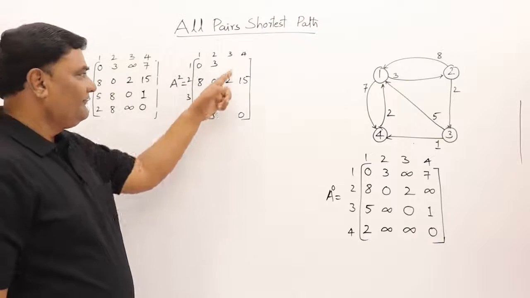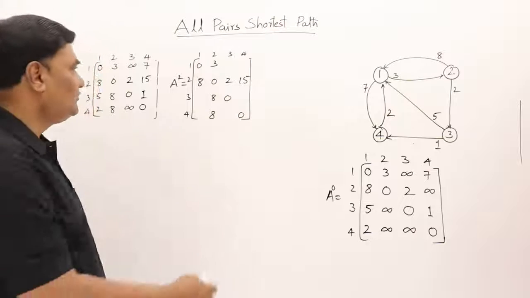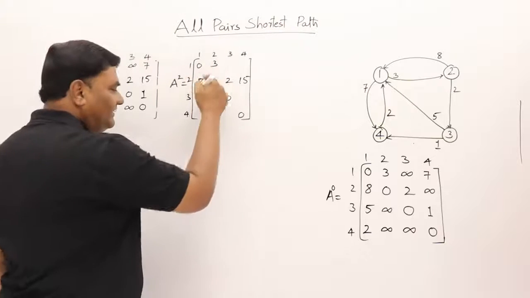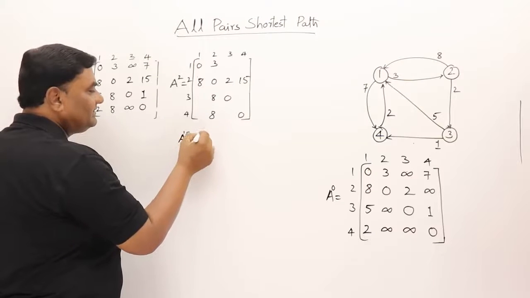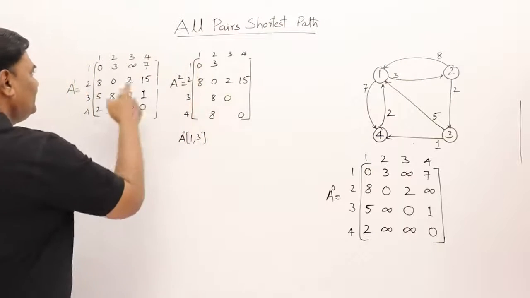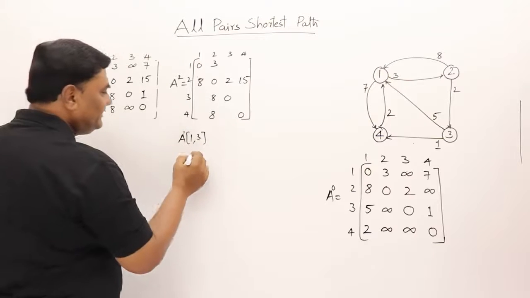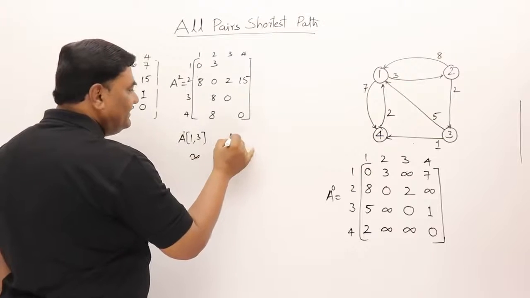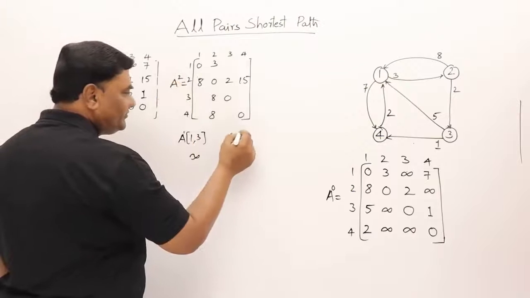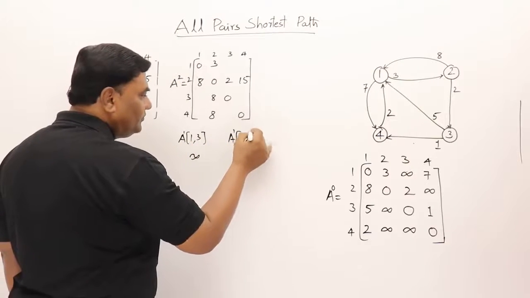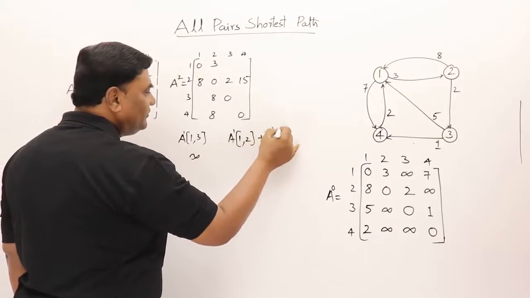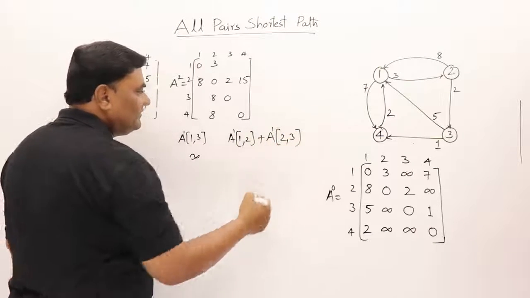Now I have to find out a few values here. What are those? First one is 1, 2, 3. Let me find out from this matrix. A1 of 1, comma 3. Here 1, comma 3 is what? Infinity. Then in between I should include vertex 2. So A1 of 1 to 2 plus A1 of 2 to 3.